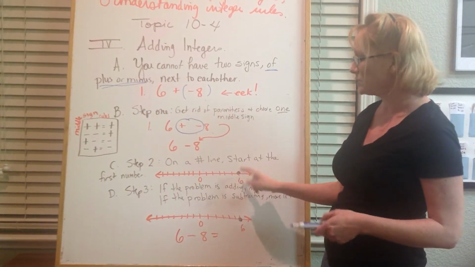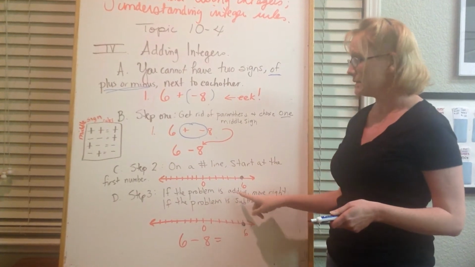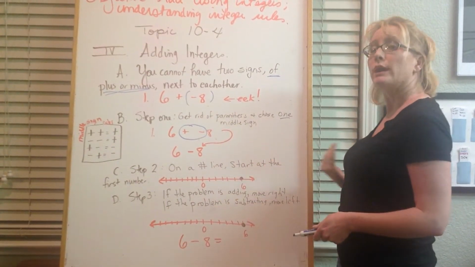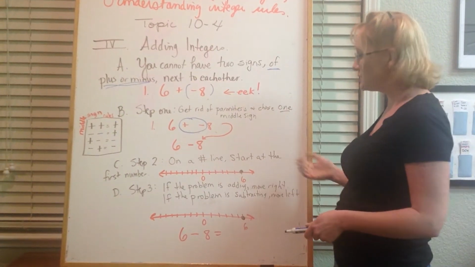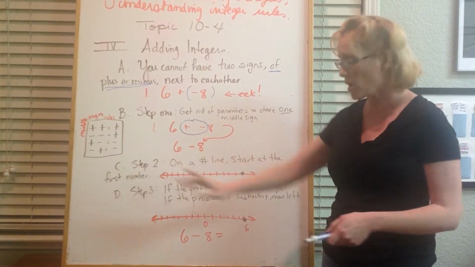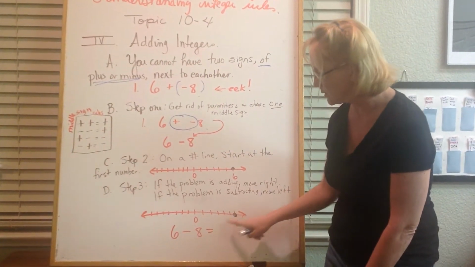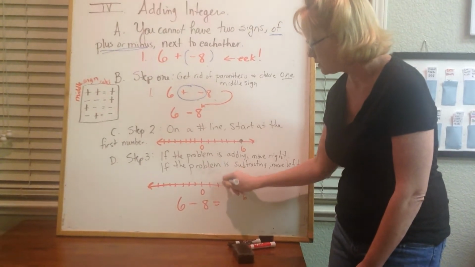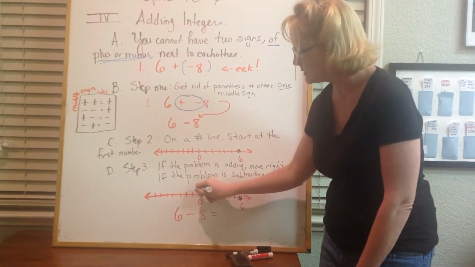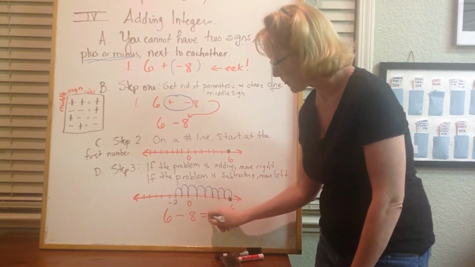Then we need to decide which way we're going to move on the number line. That's step 3. If the problem is adding, you're going to move to the right because the numbers get bigger. If the problem is subtraction, you're going to move to the left because the numbers get smaller. So here we have 6 minus 8. I'm starting at my 6 and I'm going to minus 8. 1, 2, 3, 4, 5, 6, 7, 8. And that's a negative 2.